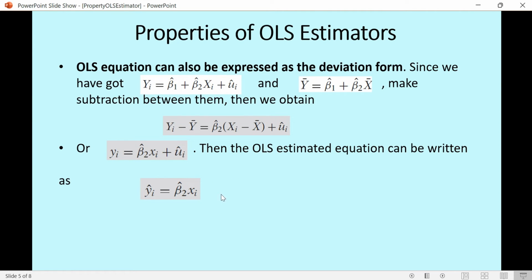So you can see in the deviation form of the OLS estimation line, there is no beta 1 hat, only beta 2 hat here, right? For the non-deviation form, there's a beta 1 hat here. But for the deviation form, because it's a deviation between the y hat and the mean value of y, the beta 1 hat parameter is washed out.